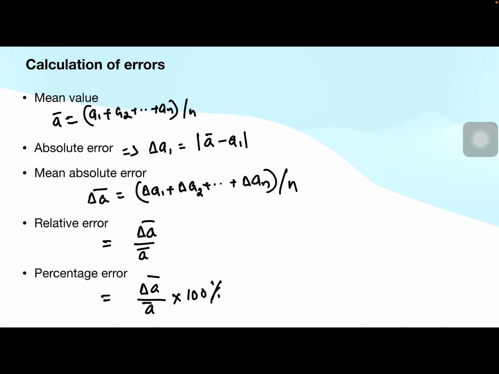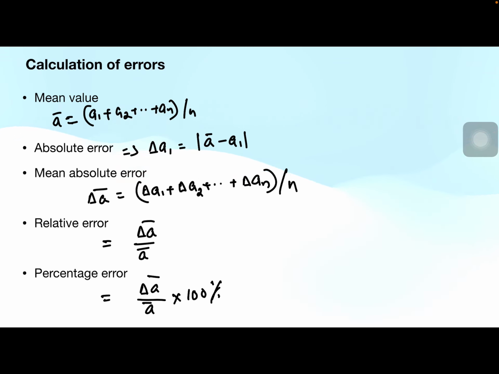Now if you want to calculate the absolute error, you have to take the difference between this average value and the corresponding measured value. Take the difference between the mean value and the measured value, but we take only the magnitude, not the sign. You take only the positive values; there is no need for negative values. That is the absolute error.